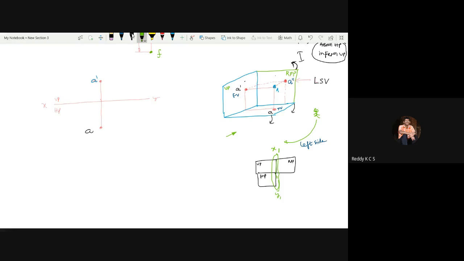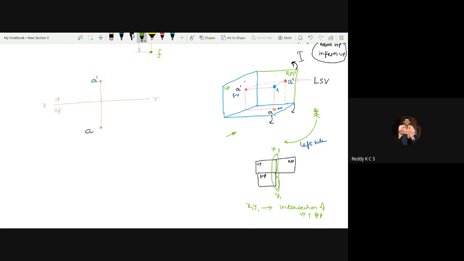The reference line x1 y1 is formed by the intersection of the vertical plane and profile plane, or the horizontal plane and profile plane.